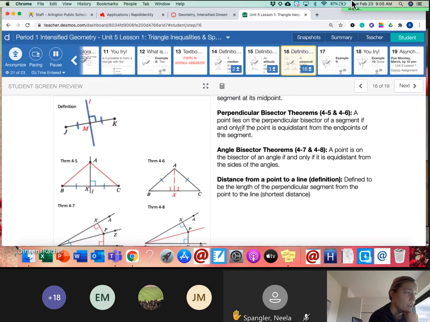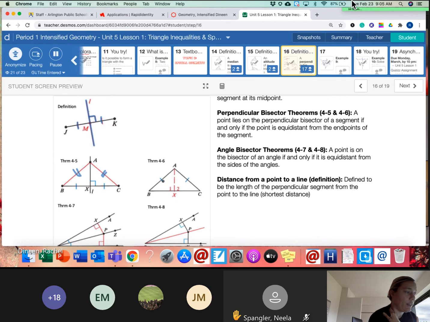Here we have the perpendicular bisector theorem. A point lies on a perpendicular bisector of a segment if and only if the point is equidistant from the endpoints of the segment. So if you see a scenario like this with a perpendicular bisector, you automatically know these sides are also congruent.